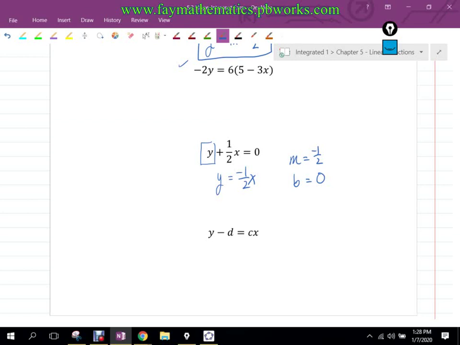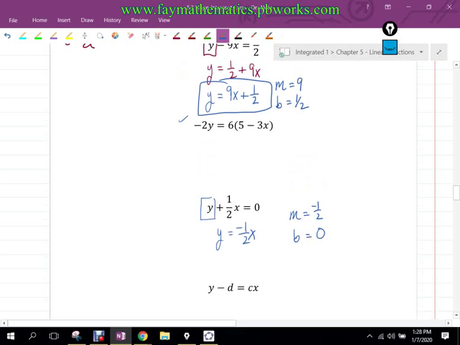Okay? Now, this one's a little bit more difficult. What would you guys do in this one right here first? Distribute. So I'm going to get negative 2y equals 30 minus 18x, right? Now what would you do to get y by itself? You could add 18 to both sides, but that's not going to get y by itself right away.